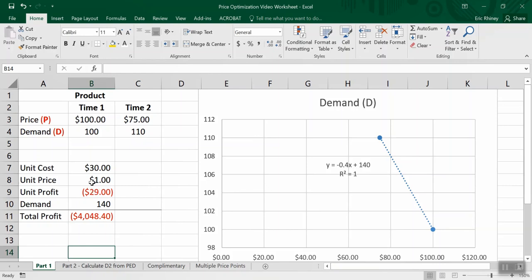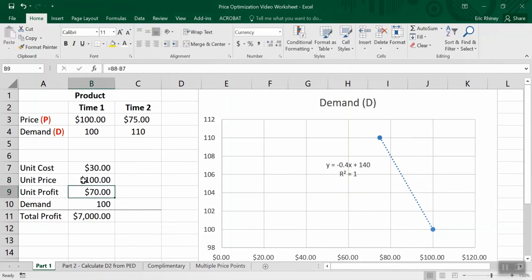So if I were to just change this price to $100, what I should see is the demand should go to 100 too, because remember, I used this to anticipate this. And what this R squared means is that this is a perfect representation of this. So if I were to put $100 in here, this demand should change to 100.